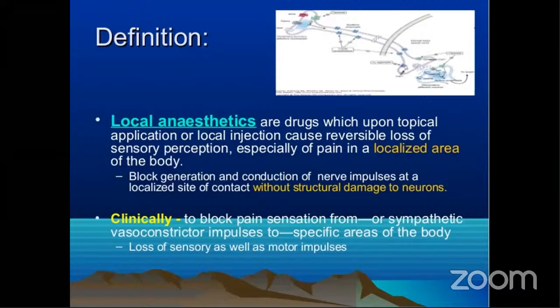If we go for the definition, local anesthetics are drugs which, on topical application or local injection, can cause reversible loss of sensory perception. Means you feel only the loss of sensation, reversibly.